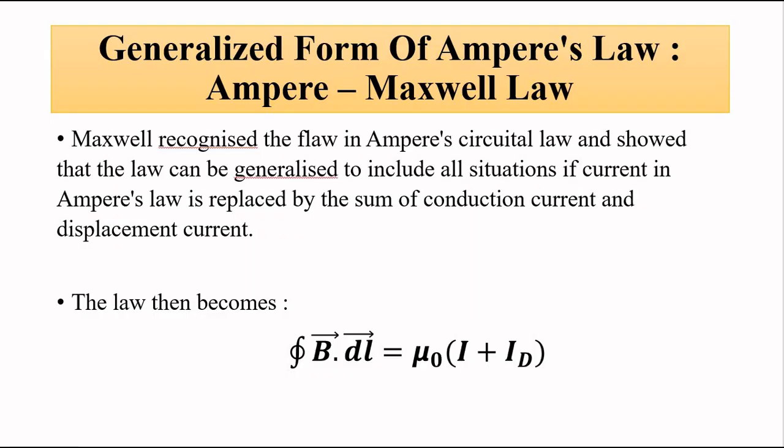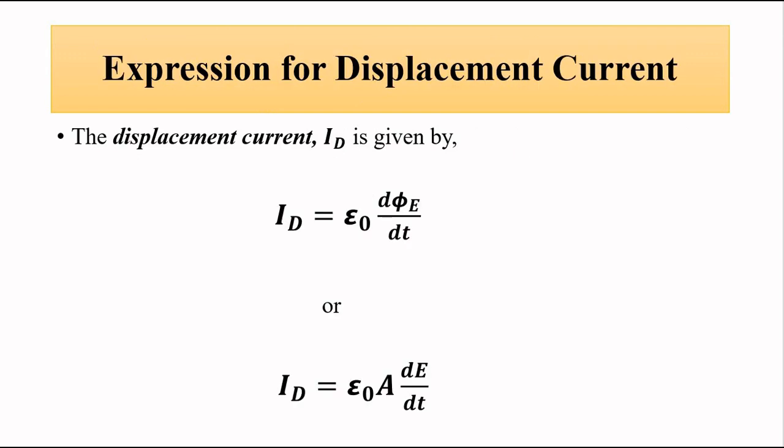So friends, we derived the whole thing, how we got the displacement current expression, written in the most popular form you will find in most textbooks, epsilon 0 d phi E by dt, in terms of the rate of change of electric flux with respect to time, or epsilon 0 A dE by dt.